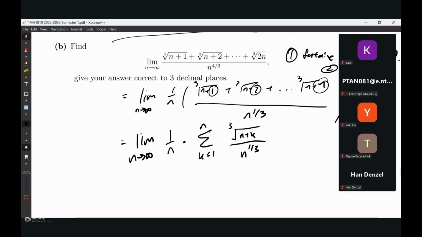You don't replace it by k though. Let me think. Then I don't think you can convert to a Riemann sum though, up to 5n.